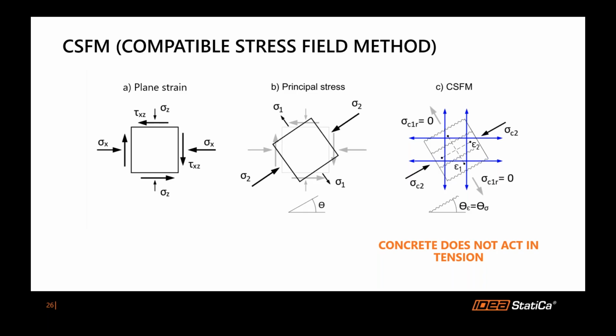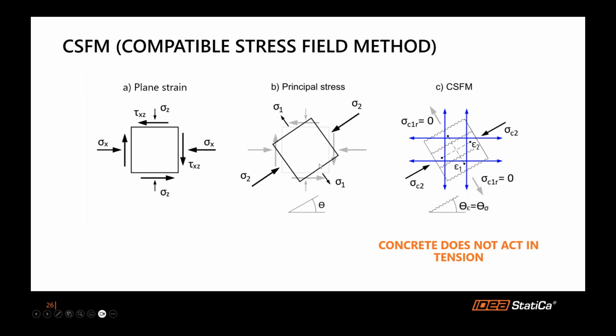These stresses, often derived using finite element analysis, are used to calculate the principal stresses and their orientation, defined by the angle theta, shown in the picture in the middle. The principal tensile stress is sigma 1, and the principal compressive stress is sigma 2.